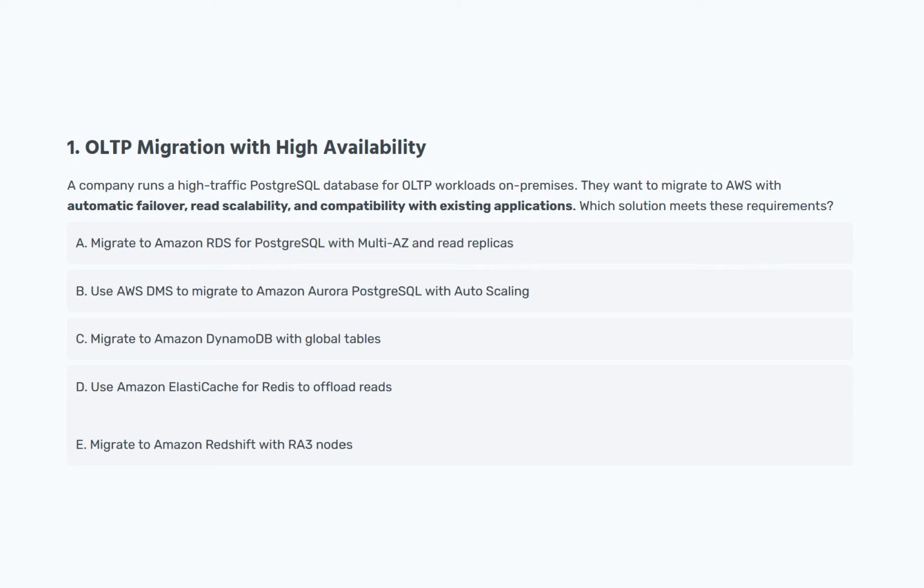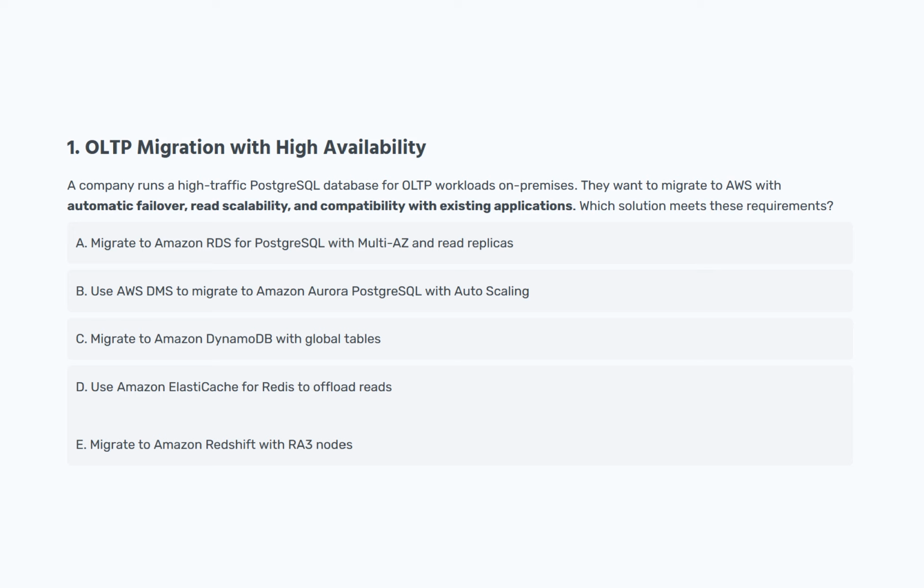Migrate to RDS for PostgreSQL with Multi-AZ and read replicas, right? AWS DMS to migrate to Aurora PostgreSQL with auto scaling. Migrate to DynamoDB with global tables. ElastiCache for Redis to offload reads. Migrate to Redshift with RA3 nodes.